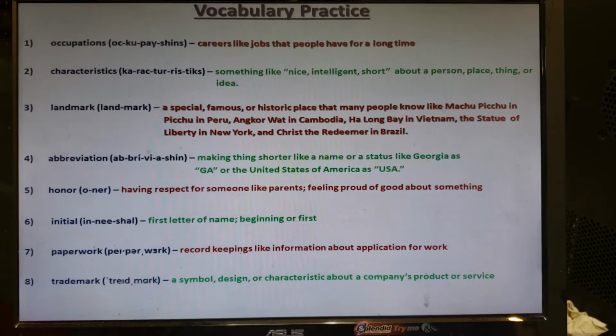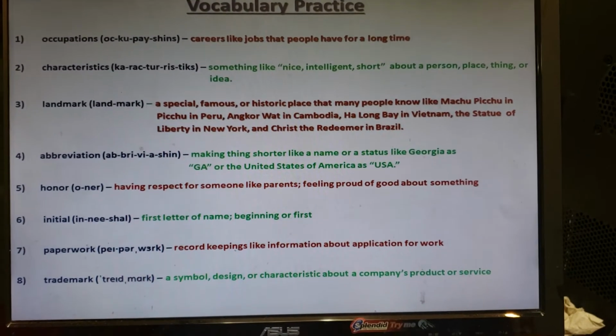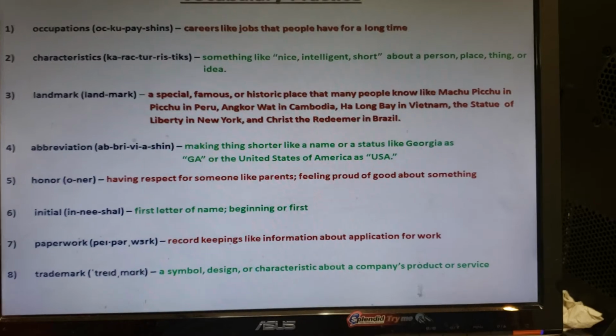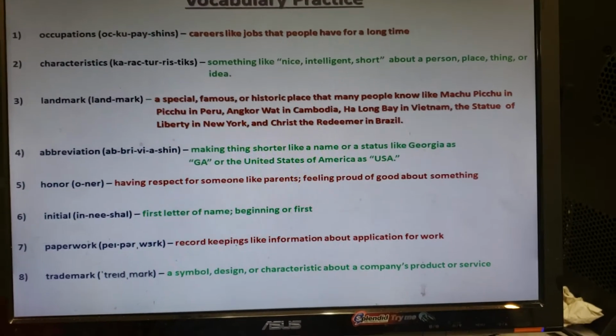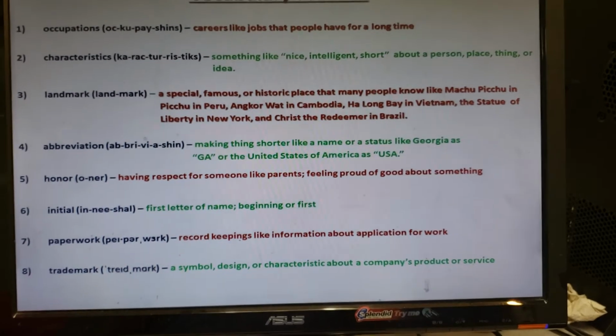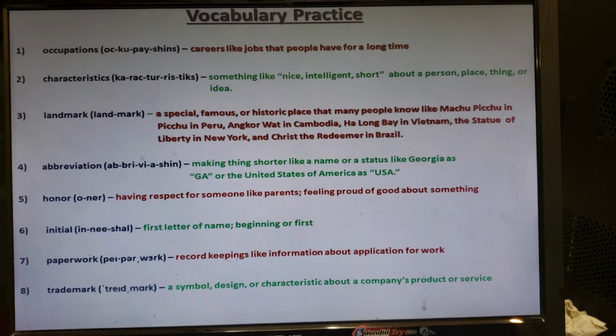So to honor means to respect or to have fondness for someone like parents, or when you do something good that you are really proud of, you can say, I have honor for myself.